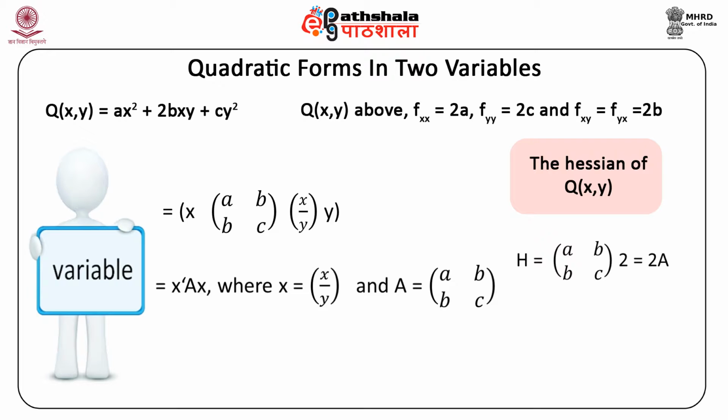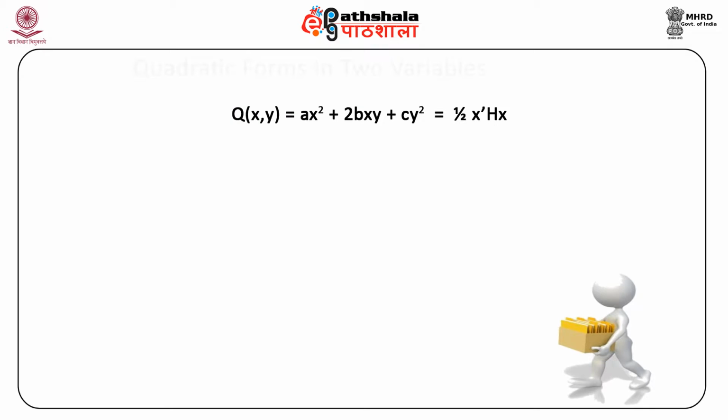This implies that it is possible to write Q in terms of the Hessian matrix. Since f_xy is equal to f_yx by Young's theorem, H will be symmetric. Q(x,y) is equal to ax squared plus 2bxy plus cy squared, which is equal to half X prime HX.